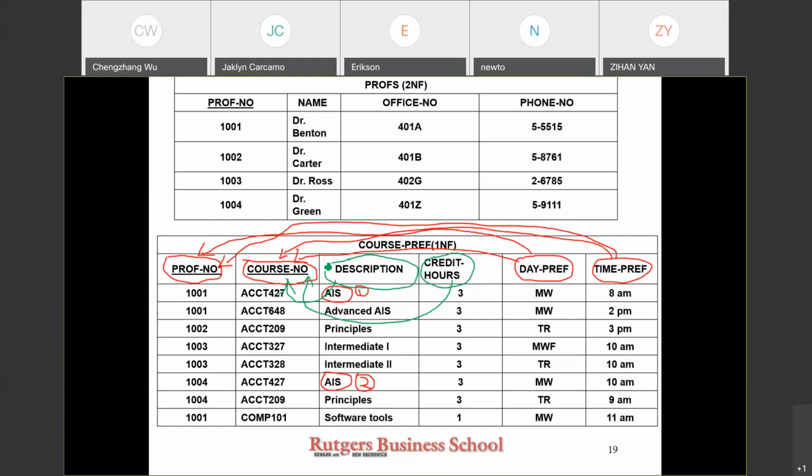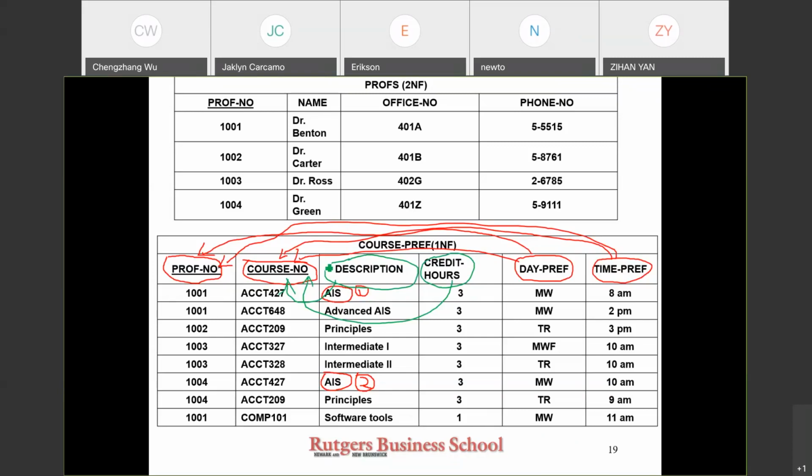Well, the solution is to decompose the first normal form course preference table such that independent information is independently represented.